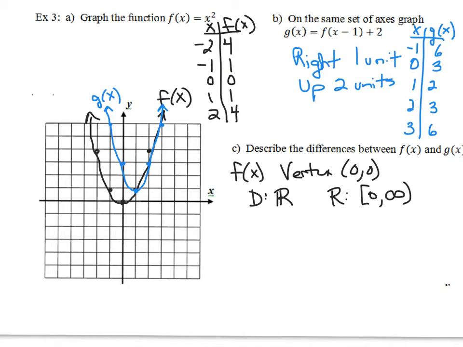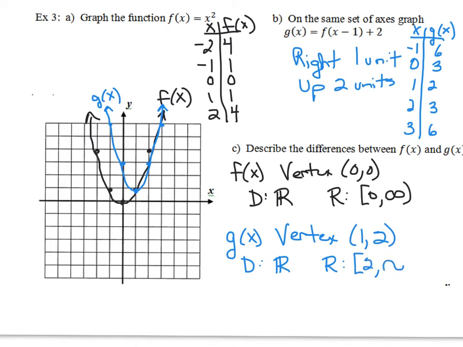So that's my original parabola. The g of x function has as its vertex the point 1, 2 because I've moved my old vertex to the right 1 and up 2. The domain stays as the set of real numbers, and the range is going to be all the numbers from 2 to positive infinity.